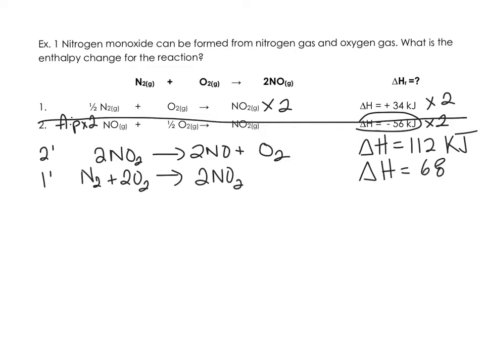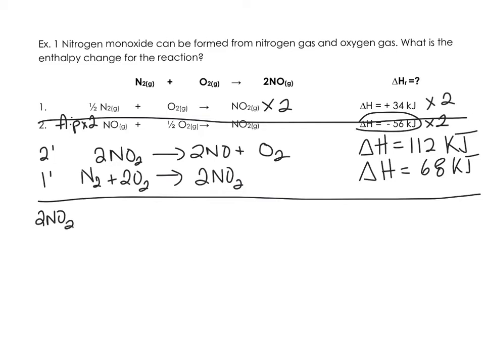So that's 68 kilojoules. All right, so now do our summation part. If you line up your arrows, you can just basically cancel items that are on the left and the right here. Or you can write everything out and then cross it off. This first one I'm going to write everything out so you see more clearly.